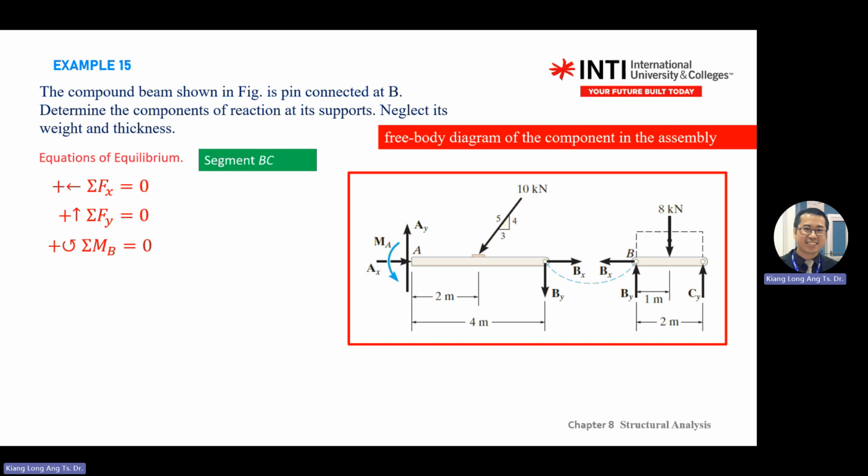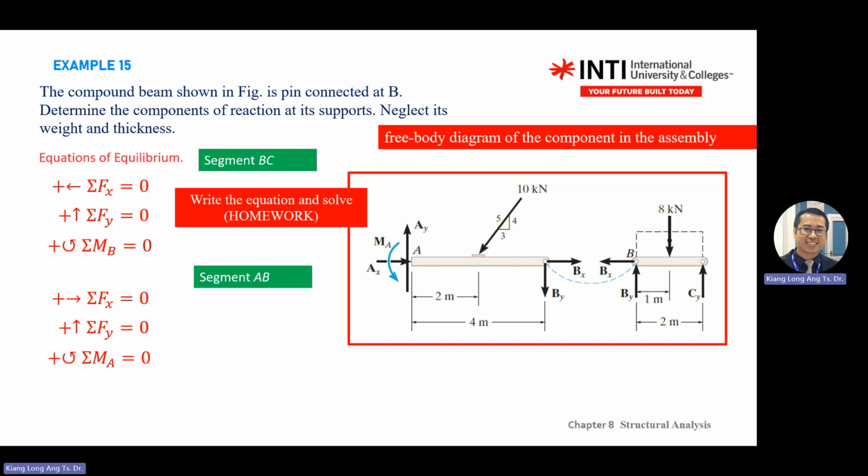Have a sense in this, anticlockwise is positive. So from there you can solve CY. Once you solve CY, you can use the sum of forces in x equals 0, or the sum of forces in y equals 0, to solve BY and BX. Of course, in this case, you know BX is 0. If you see this member, BX is 0.